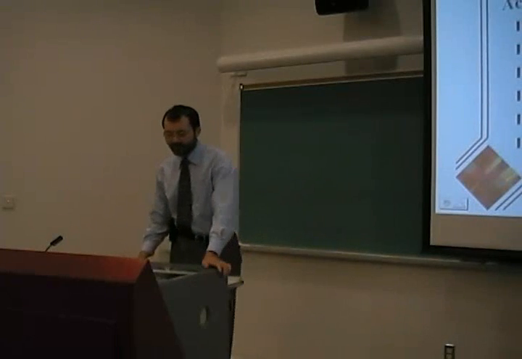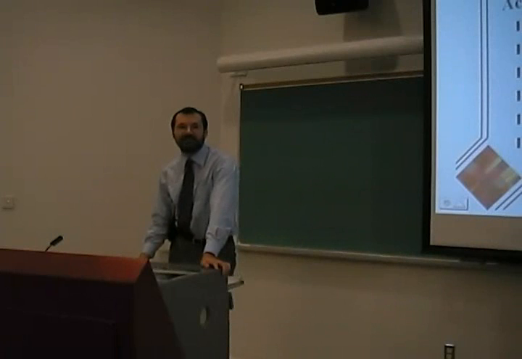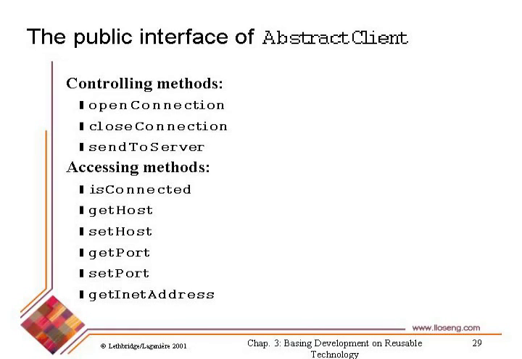Okay? The server will pay attention to the results of each of these things. Okay? Hopefully it'll accept the open connection request. It'll acknowledge the close connection, and the server end will also shut down the connection at the other end, and the send to server will hopefully cause some response from the server. The server will react to that message arriving.